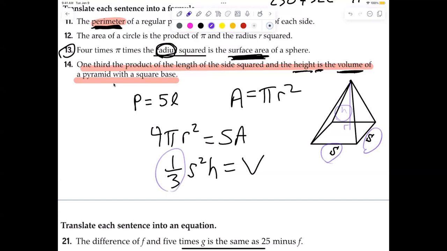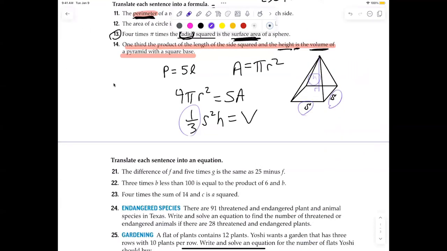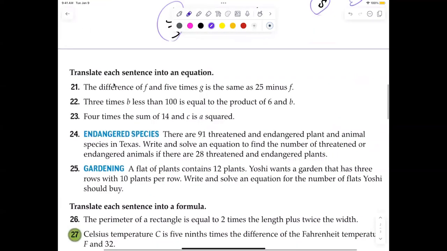All right, let's bring it up to Colton. Here we go, 21. 5 and F and 5 times G is the same as 25 minus F. So what does difference mean? Right, that's correct. So what are we going to subtract? So 5F. I mean, no, you're right. F minus 5.